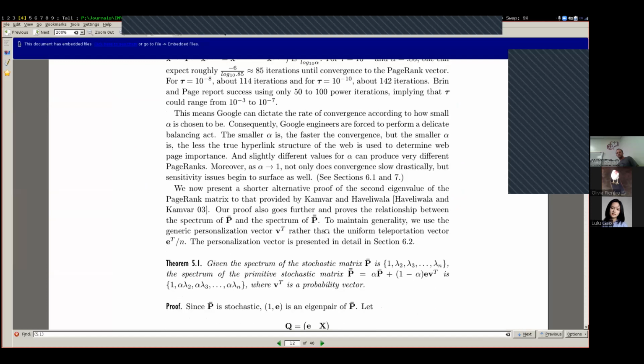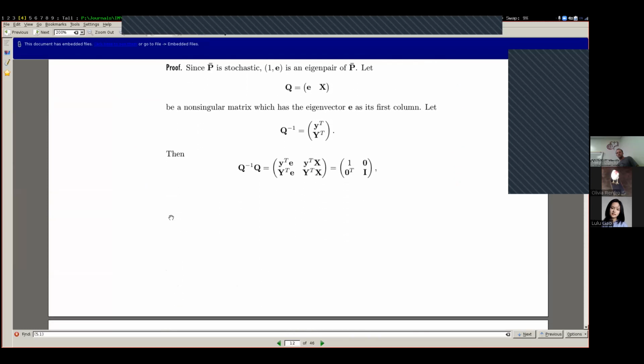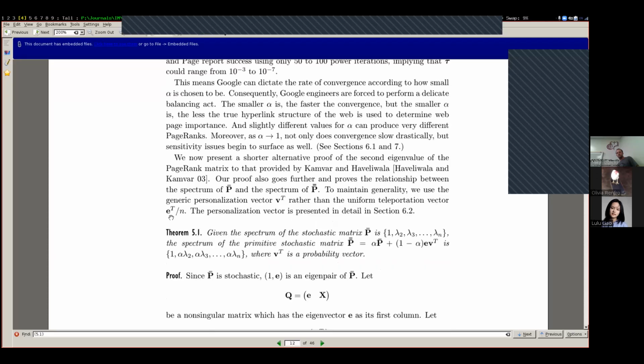There we go. Theorem 5.1 states that these are the eigenvalues right here. The top eigenvalue is 1, and all the bottom eigenvalues are alpha times something where alpha is less than 1. So the top eigenvalue is unique. If you like math and linear algebra, feel free to read the proof. But in this class, you're not going to need to know the proof.